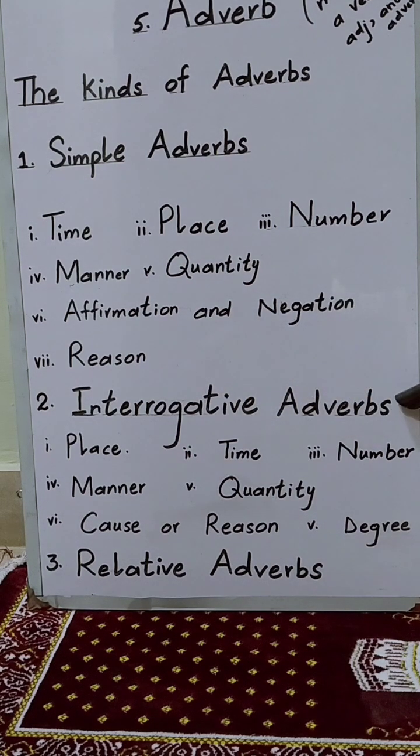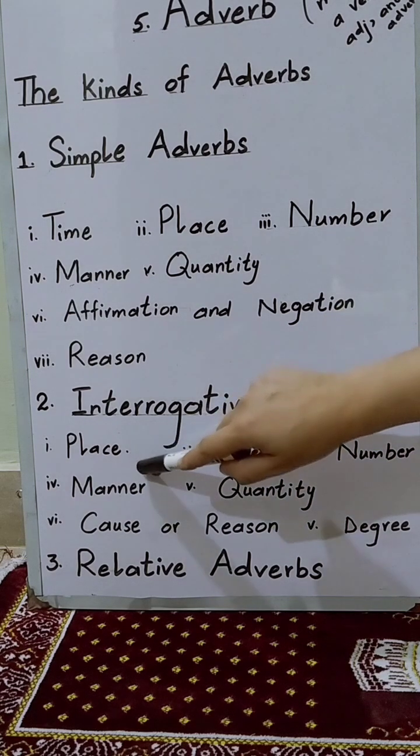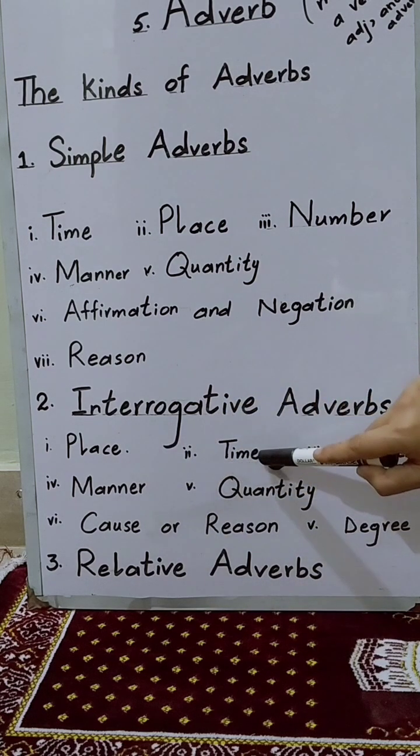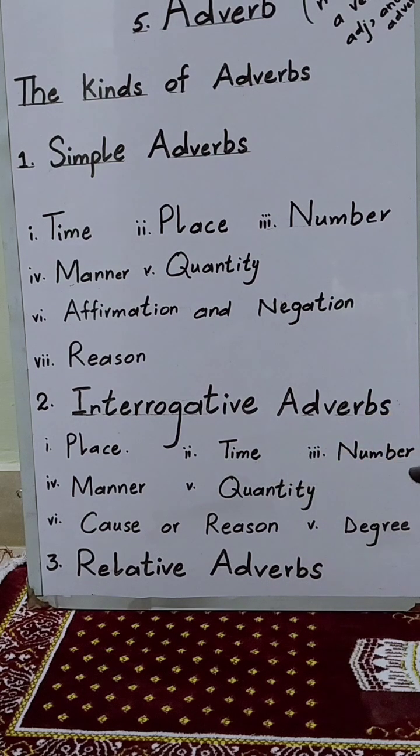Interrogative adverbs. Interrogative adverbs are used for asking questions. Place. Where are you going? Time. When will you go? Number or adverb of frequency. Okay. For example, how often do you go there?